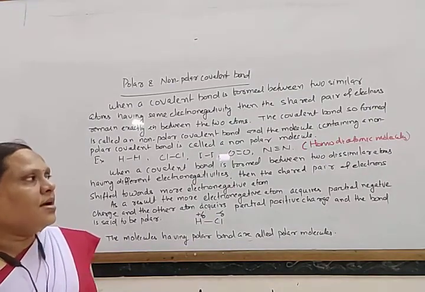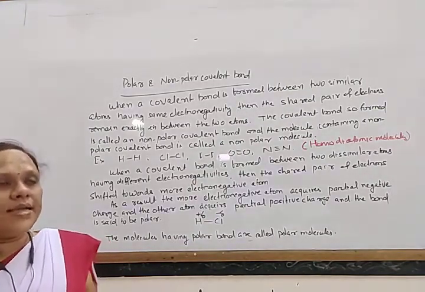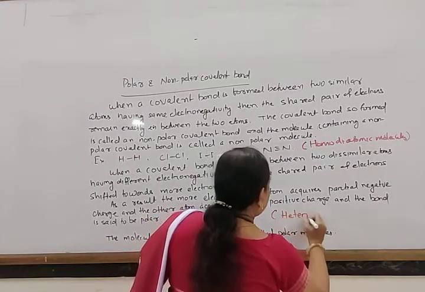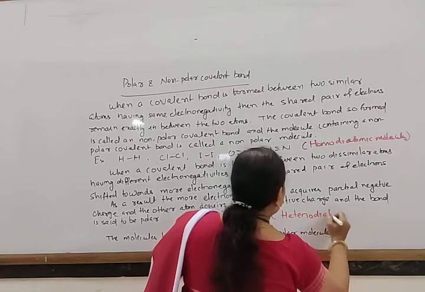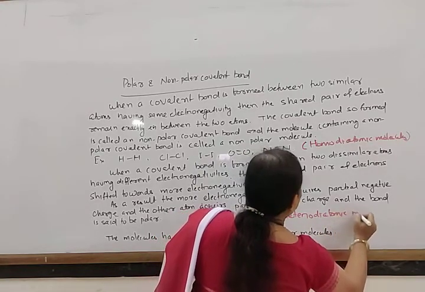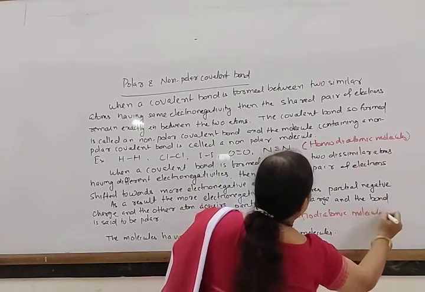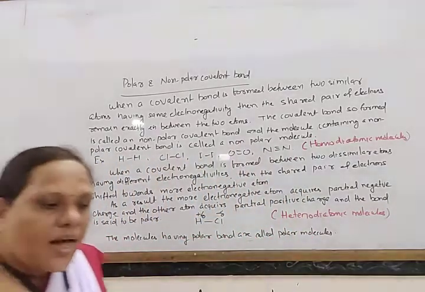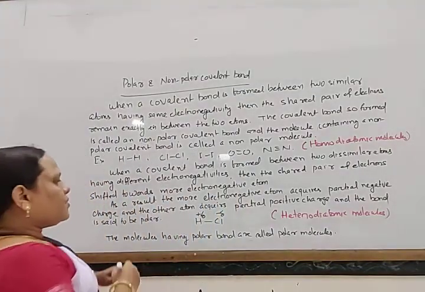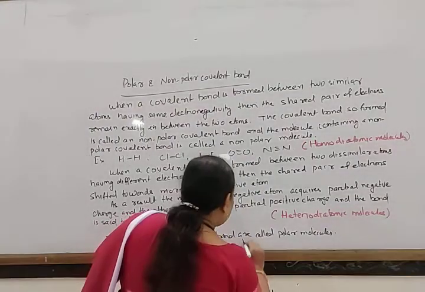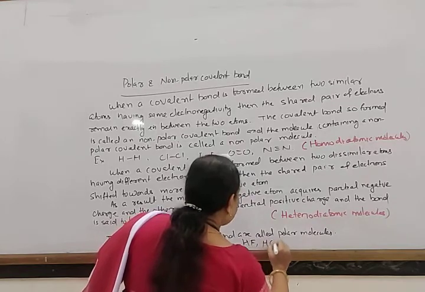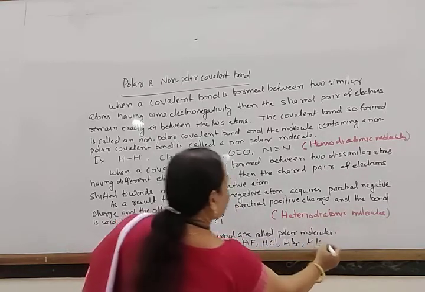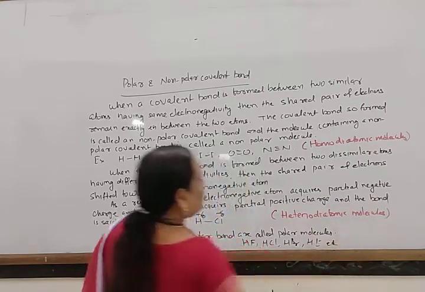So generally, all heterodiatomic molecules are polar in nature. For example, HF, HCl, HBr, HI, etc.